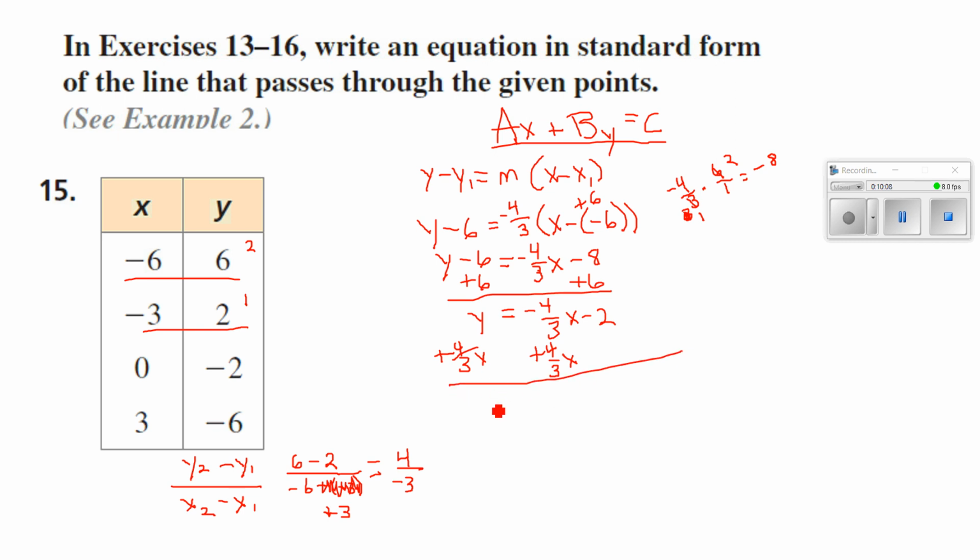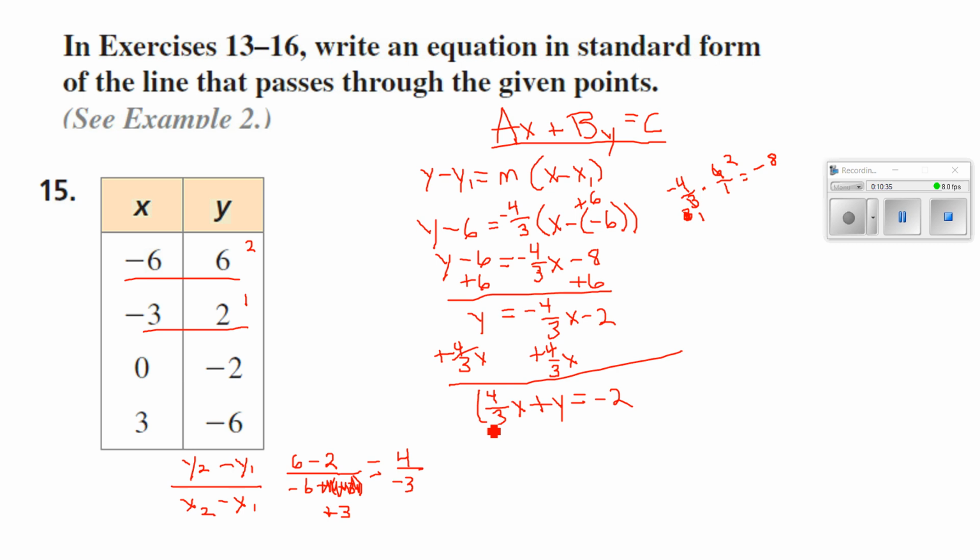When I do this, I'm going to have 4 over 3x, oh, I'm sorry, I forgot the y. Pop that in there. Let's see, plus y is going to be equal to negative 2.